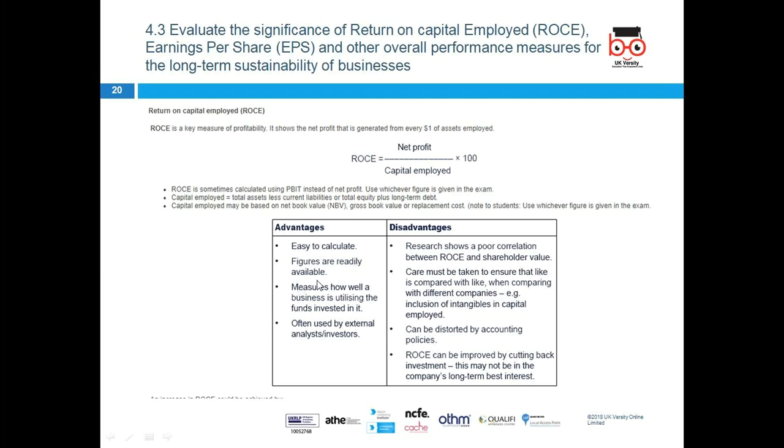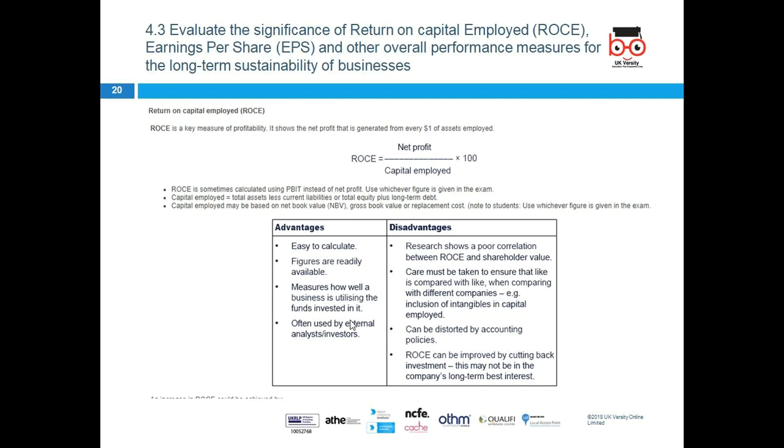This method is easy to calculate, the figures are readily available, it measures how well the business is utilizing its funds, and it is often used externally. Some companies have £1 million worth of assets but are generating very little profit. Some have very little assets but are generating more profit. So we need to look around, because some countries are very rich in natural resources but very poor.